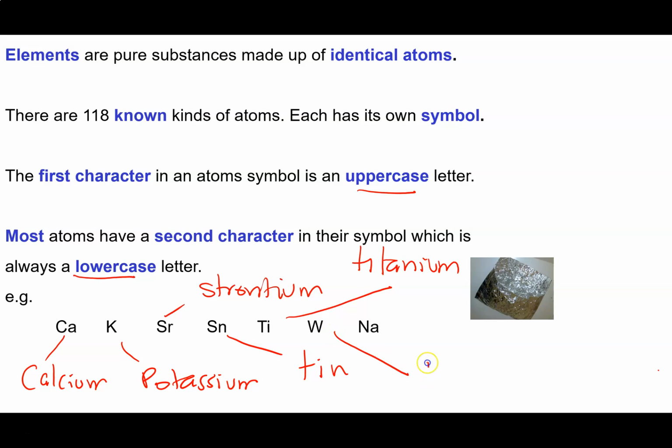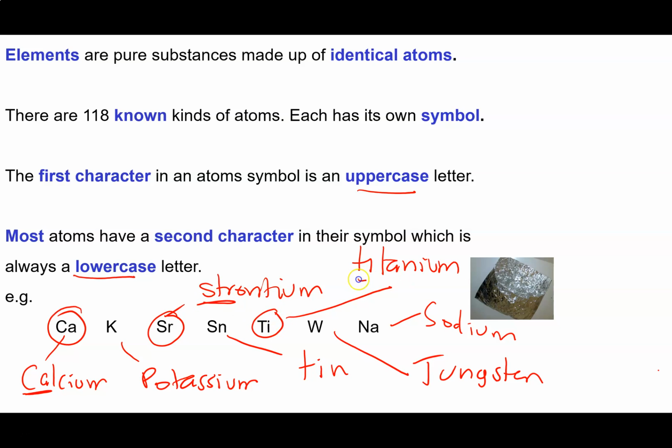This is the symbol for tungsten, and finally that's the symbol for sodium. So what you realize is that some of the elements, their symbol seems to be directly related to their English name, very similar to the English name.